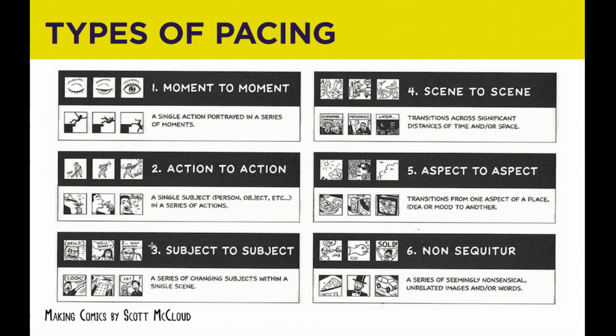Subject to subject is, think of it like two characters in conversation, like he's shown here, and the camera is jumping between those characters. It is maybe a similar pacing in terms of time to action, but think of it like jumping between different camera angles within a single moment.